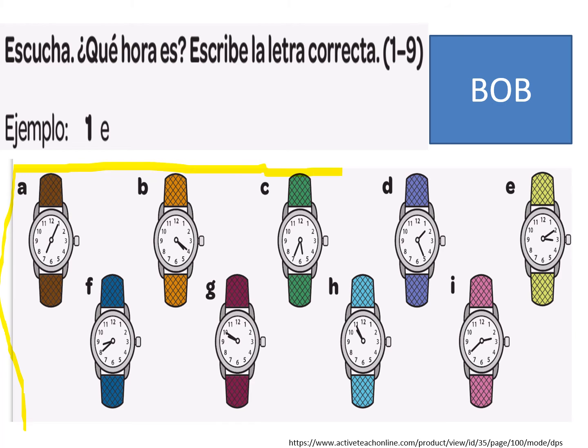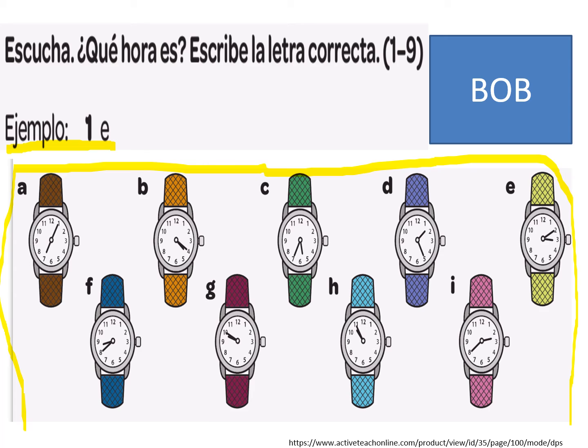So when listening to my voice, you need to look at these clocks. What you have to do is to write next to the number the letter of the clock that is marking that time. And I'm going to show you an example. In this example, I will be saying 1. Son las 3:10.